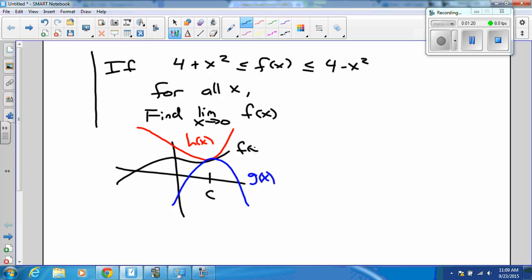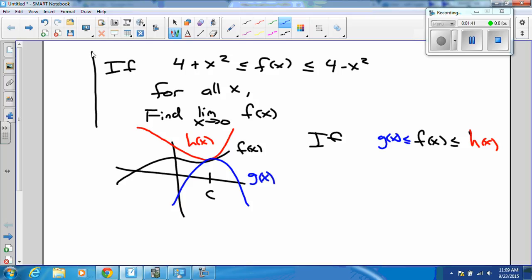And what we can see is that f of x is squeezed between these two. So we are going to have as our first condition, if f of x is between h of x and g of x, that's our first condition.